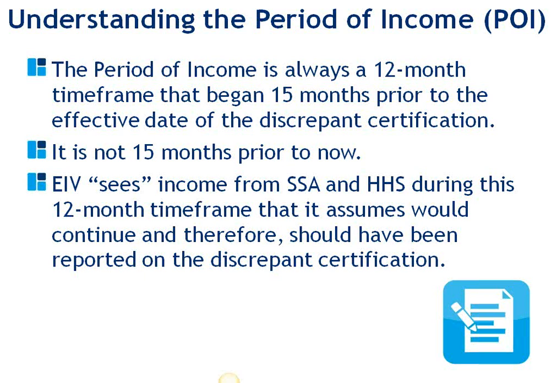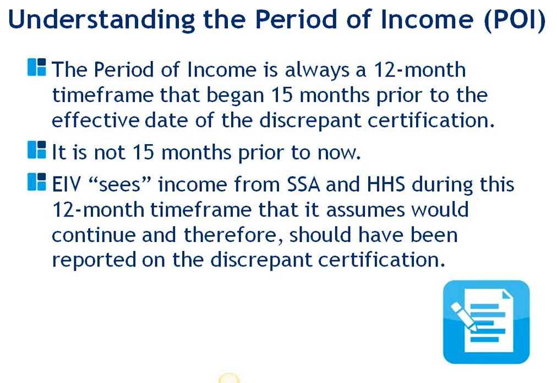An 8/1/18 annual. Write that down, 8/1/18 annual. If you rewind 15 months prior to 8/1/18, what do you get? What's 15 months before 8/1/18? 5/1/17.